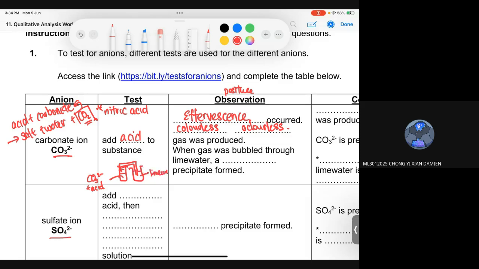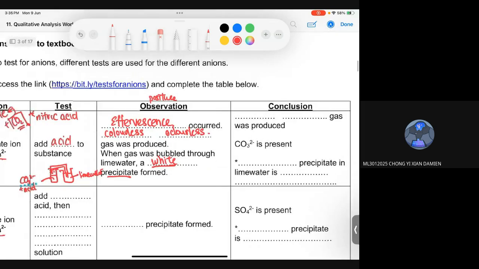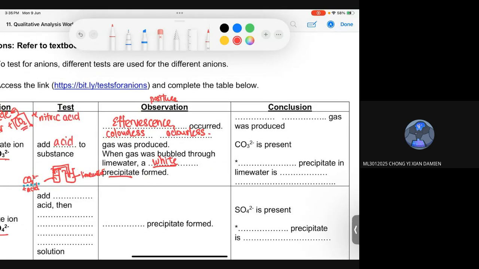When it bubbles into the lime water, a white precipitate forms. This white precipitate tells you that carbon dioxide gas is evolved. So based on all these tests, you can conclude that carbonate is present.